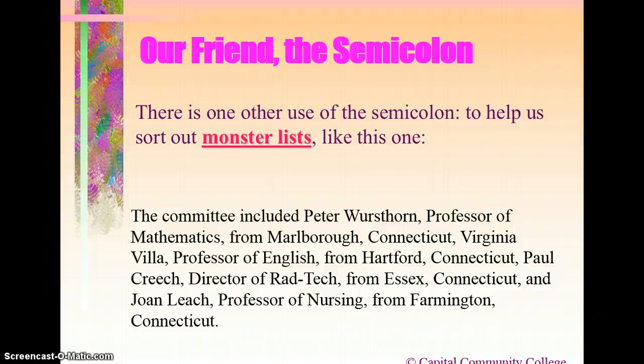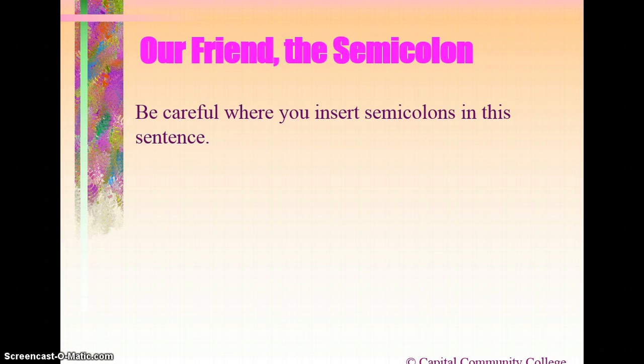From Marlborough, Connecticut. And that's just fine. We have that comma in between the state and the city. But then we have Virginia Villa, professor of English from Hartford, Connecticut, Paul Creech, director of RadTech from Essex, Connecticut, and John Leach, professor of nursing from Farmington, Connecticut. All of those words blend together if we are just using commas, so our semicolon can help us here. You just have to be careful where you put them.